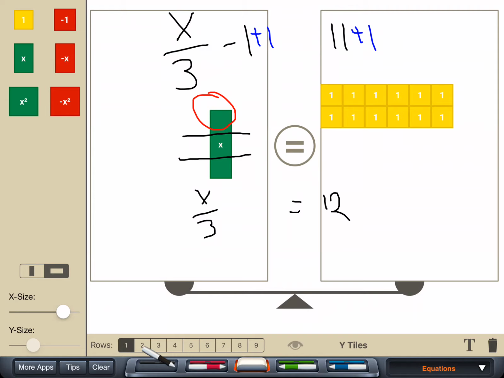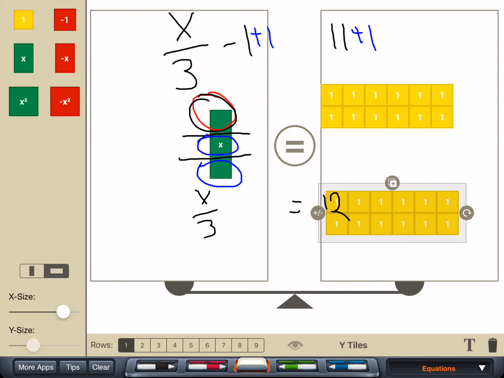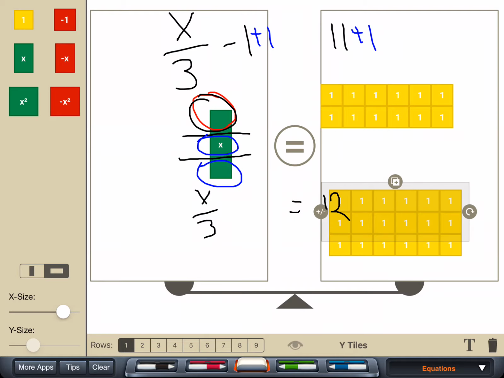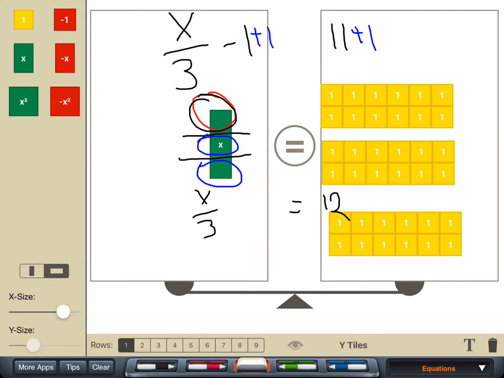So if this third of x equals 12, then it would make sense that this third of x equals 12 and this third of x equals 12. So each of these thirds of x equal 12. So this third of x equals this 12, this third of x equals this 12, this third of x equals this 12.